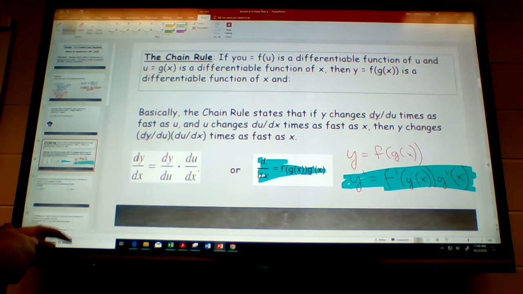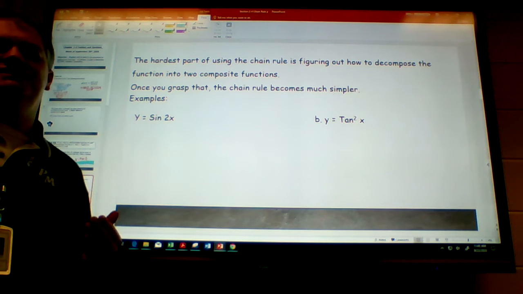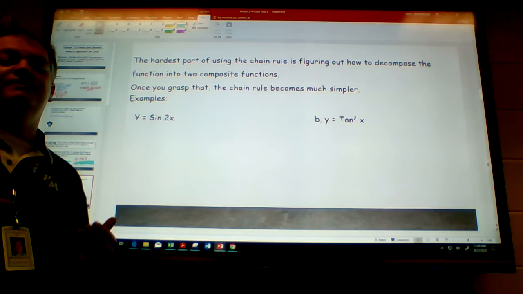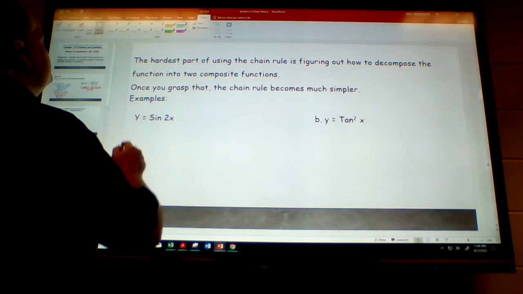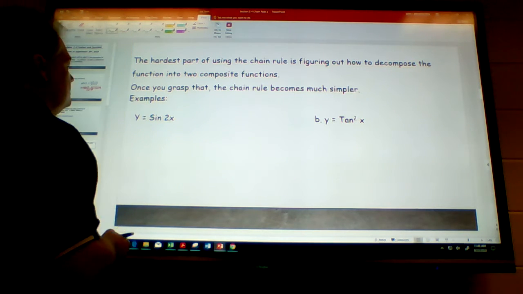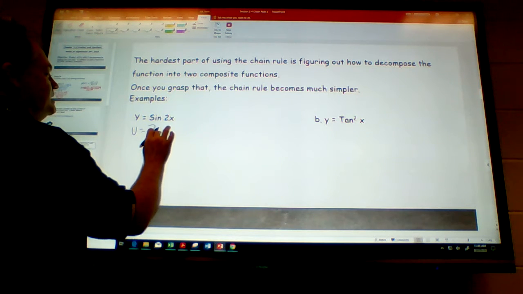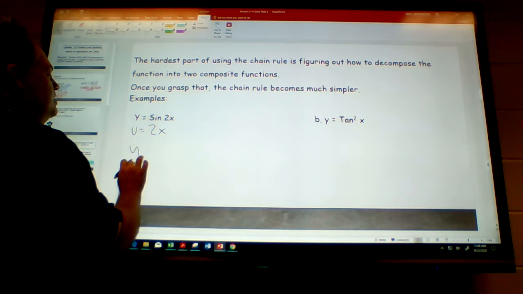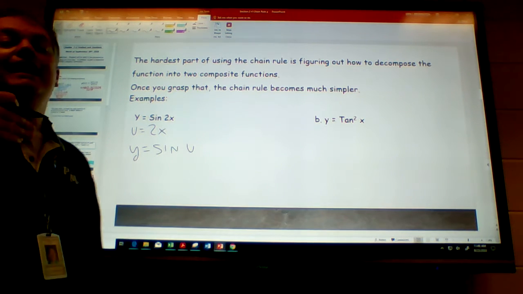What we're going to do is substitute a more complex value for a simpler value like u. So take, for example, this value, and I'm going to substitute u in for 2x. So now I have y equals sine of u.